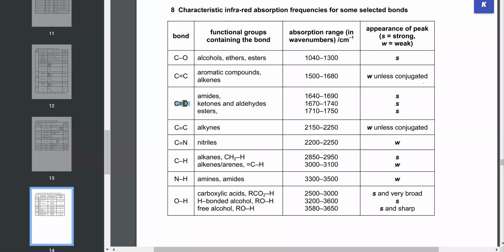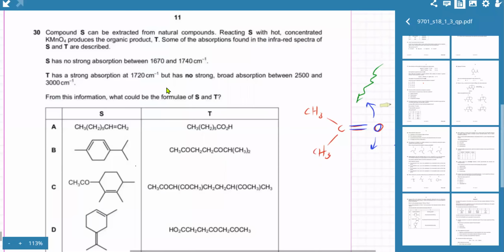So this is one bond that can be very uniquely identified. Now he's saying that there is no absorption within this range, so that means there is no C double bond O in S. That's the information that you get: S has no strong absorption in this range.